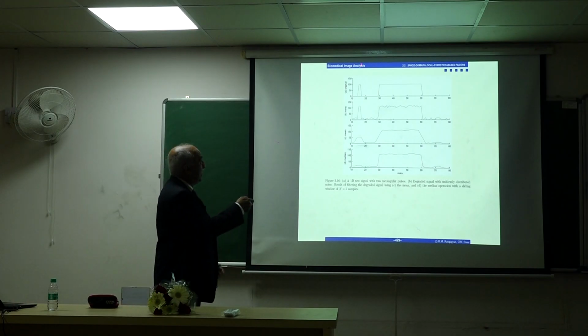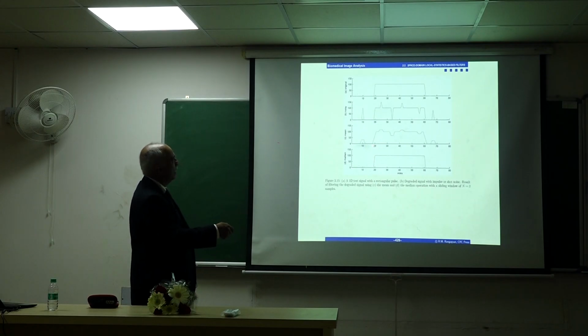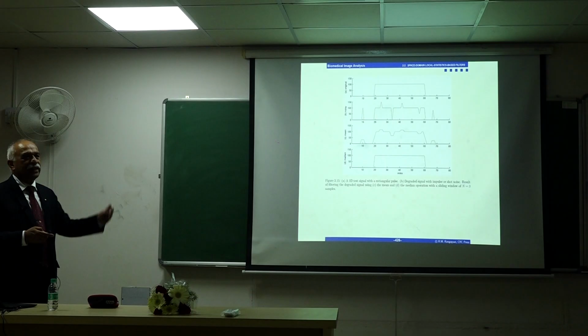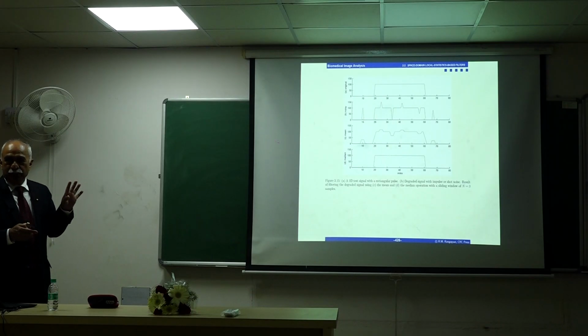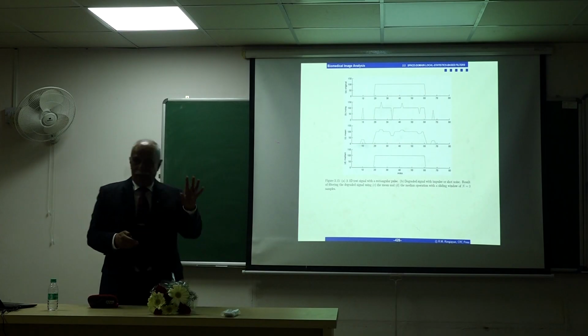So if you believe that is a signal of interest, then this is not good. But look at the edge here. The mean filter has blurred the edge. The median filter maintains the edge. This is blurred, this is straight and sharp. So in most cases, the median filter does a good job. But the question is, what kind of a neighborhood you want to use and how many samples to compute the median.